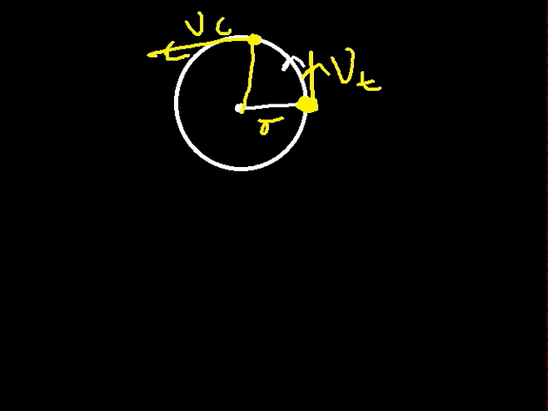When the object is at another point, the tangential velocity changes direction. So now, how can you express the tangential velocity of an object moving in a circular path?